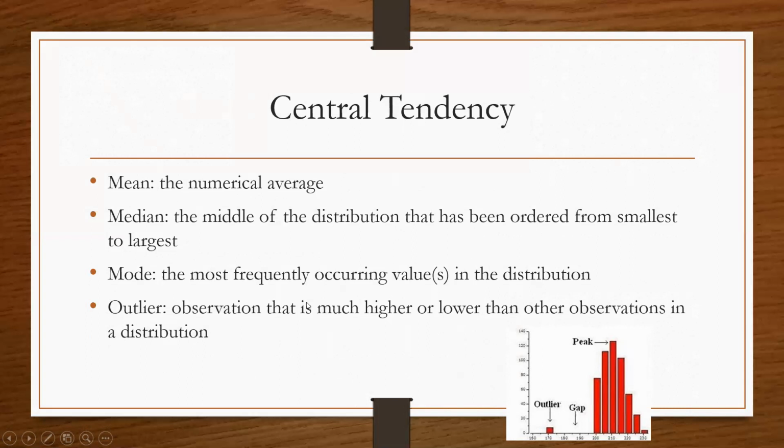They'd all be right at the middle. A very important thing to note is that an outlier is an observation that is just not with the other observations in a distribution. As you can see in this one, the outlier is very far away from the rest of the graphical data. So it would mess up your results for any kind of study, so it's something that you have to be very aware of.